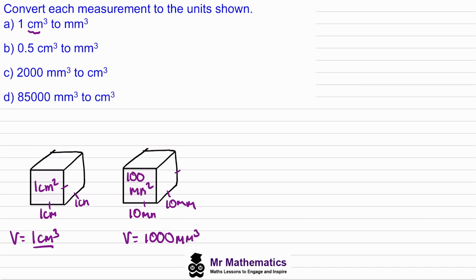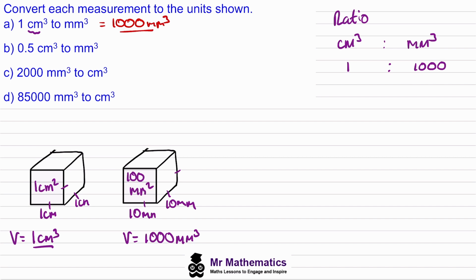So now again, we can write our ratios. We have centimeters cubed to millimeters cubed, which is 1 to 1000. So we know for question A, we'll have a volume of 1000 millimeters cubed.